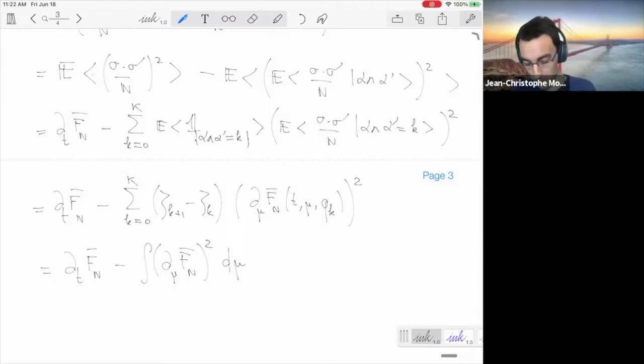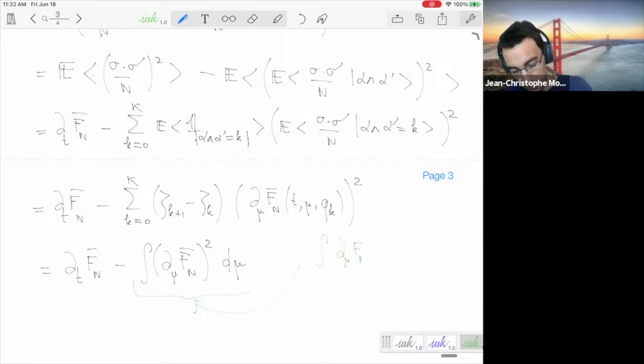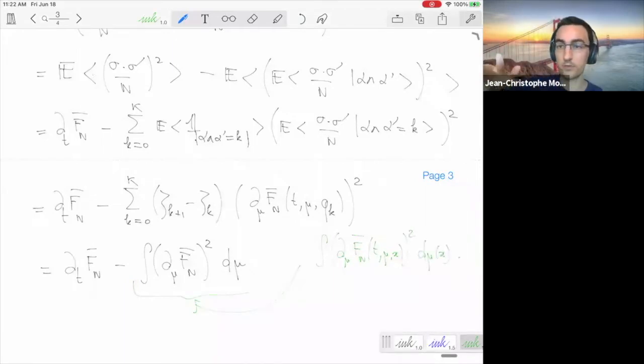Maybe I'm going to write it in the margin. This is, I should write integral of d mu of fn t mu x squared d mu of x. Does that make sense? So x is the variable of integration, and we integrate against the measure mu.